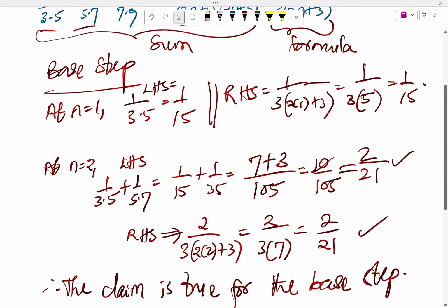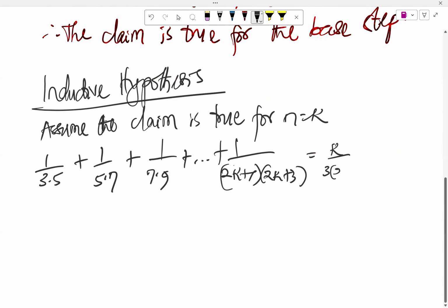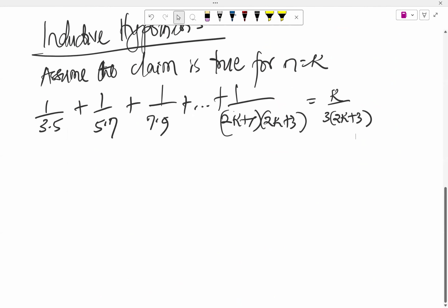And that goes. Then you move on to the inductive step.